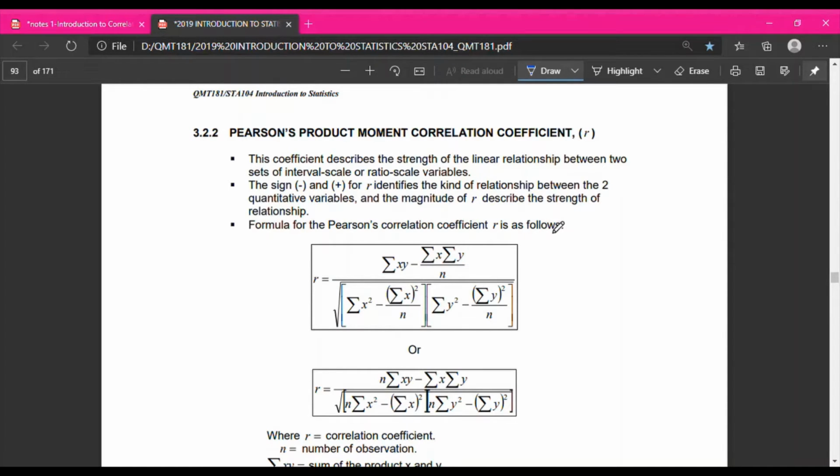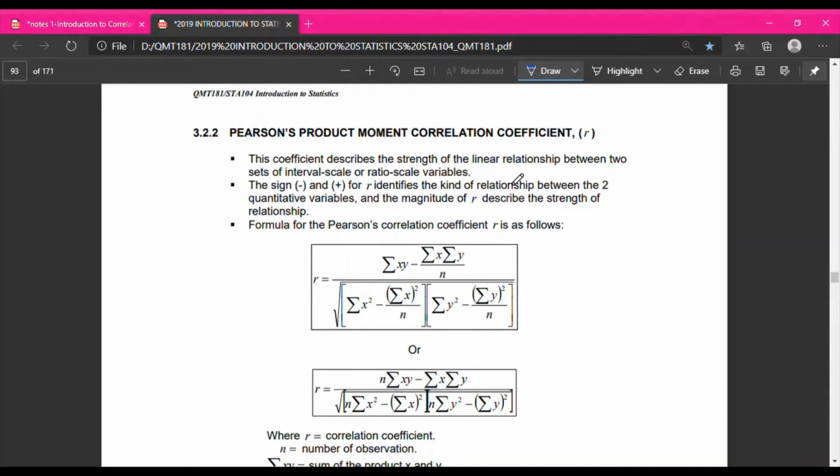Okay, we proceed with the second method to determine the relationship between the two variables, which is the Pearson product moment correlation coefficient. Notation-nya adalah r, small r. This coefficient, the value that we calculate, describes the strength of the linear relationship between two sets of interval scale or ratio scale variables, which is the quantitative variable lah.